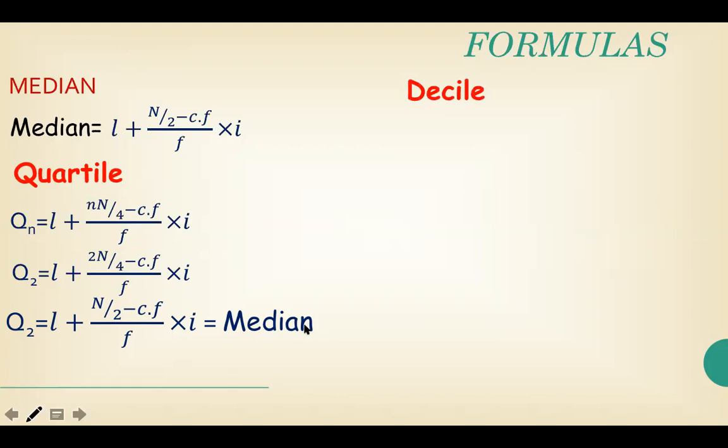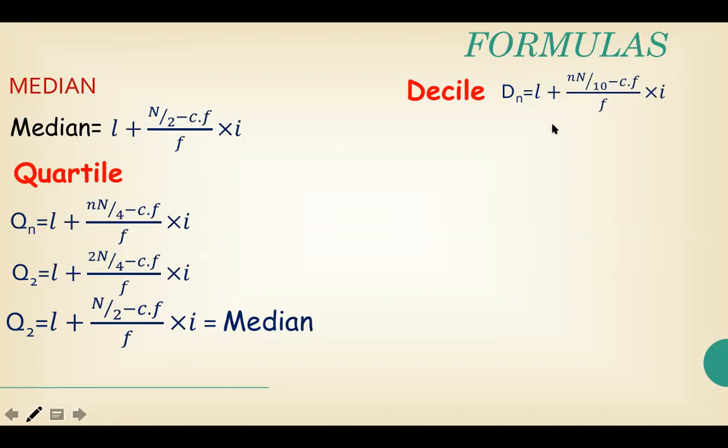Then we have the decile. As I have already told you, there are 9 points in the data set which divide the data set into 10 equal parts, that is known as the decile. There are 9 deciles, that is D1, D2, D3, D4, up to D9. Here is the general formula to calculate a decile of the data set. The value of n is from 1 to 9, because we have only 9 deciles in the data set.